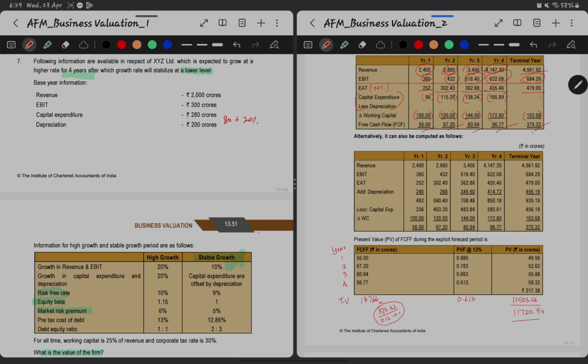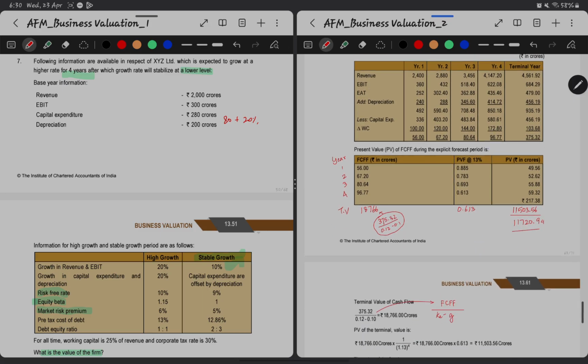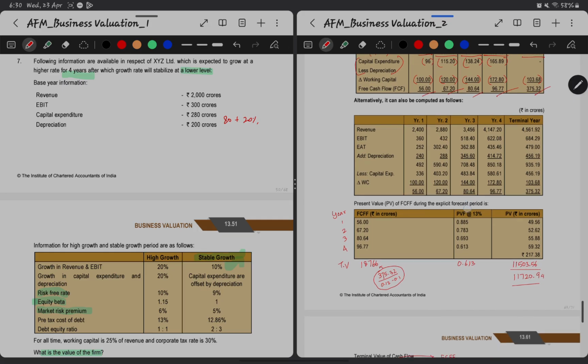Now we need to get the terminal value, so we'll be dividing it by the cost of capital reduced with the growth. Which will be nothing but the cash flow which we found out divided by KE minus KG, KE minus growth rate.